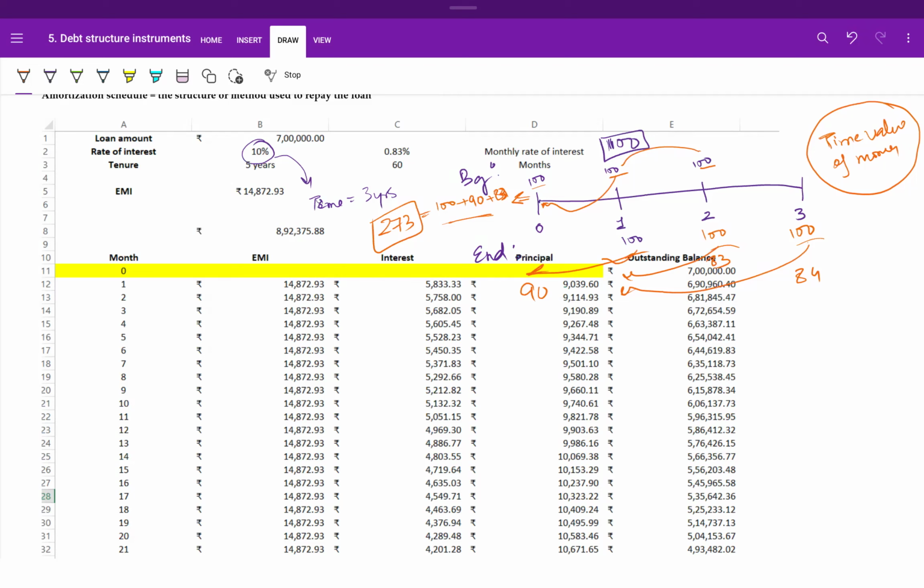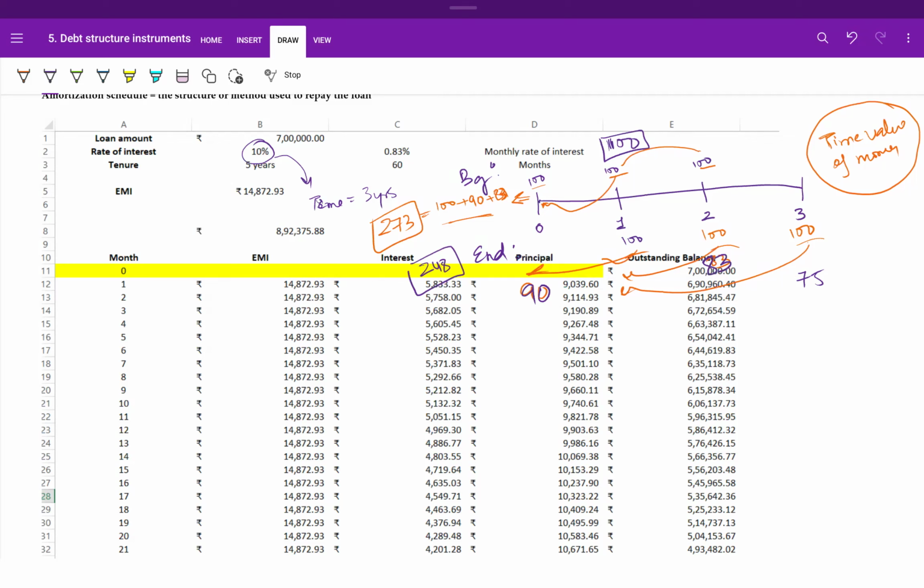If I'm dividing 83 by 1.1, it's going to give me 75. Sorry, my bad. This is going to be 75, 83, and 90. 100 divided by 1.1 is going to give me 90. So if I add these values, 90 plus 83 plus 75 is 248. The sum for the end of period is 248.